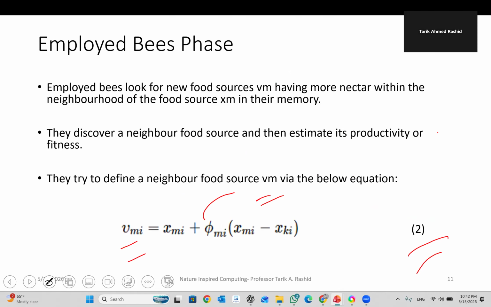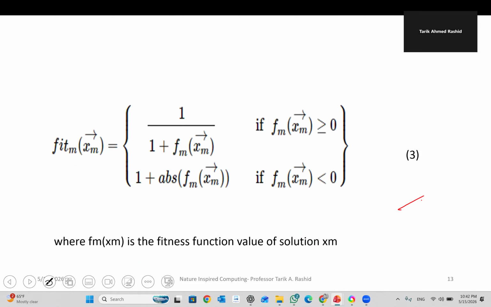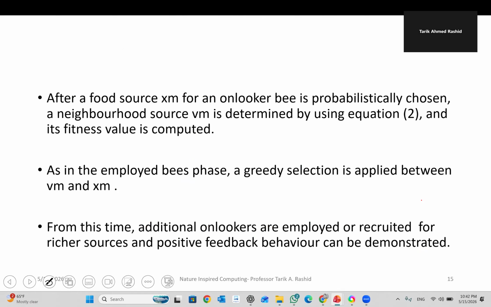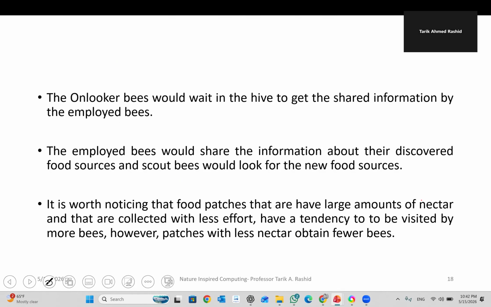And now we define a neighborhood source VM through this equation. And that's for probability selection. So that's more or less about this algorithm.